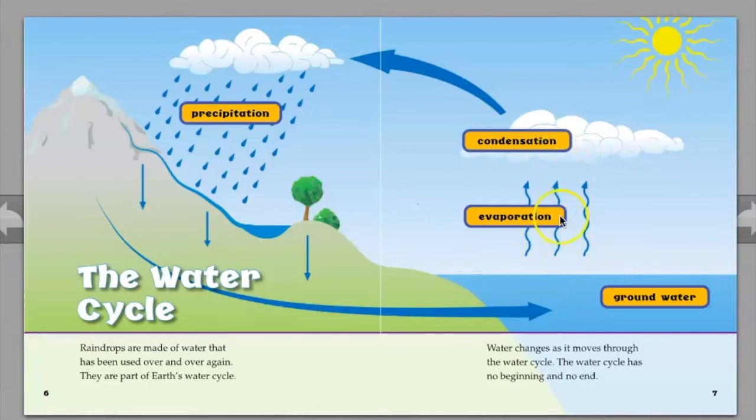What do you think evaporation might mean? Condensation shows a picture of an arrow going from the cloud to this cloud where it's raining. Precipitation shows the rain falling down. Those pictures are clues to what those words might mean.